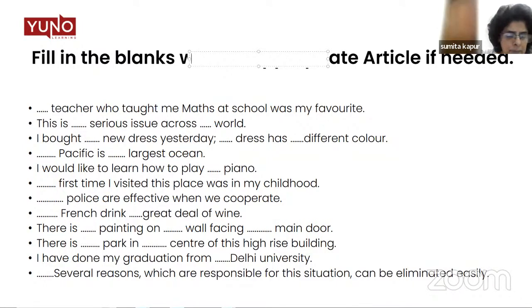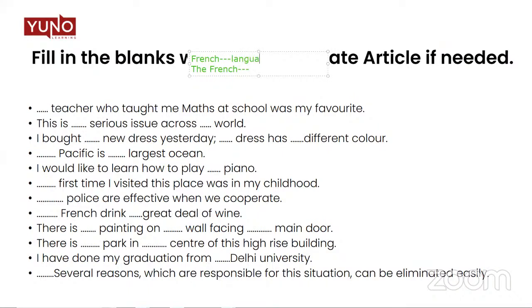So please understand the difference. I was asking her this question again and again to help you understand the difference between French and the French. When I asked her, did you study French at school? The answer is, yes, I studied French at school, or no, I did not study French at school. So when you say only French, we are talking about a language. Suppose Yogita had studied French at school. She says, yes, I studied French at school.